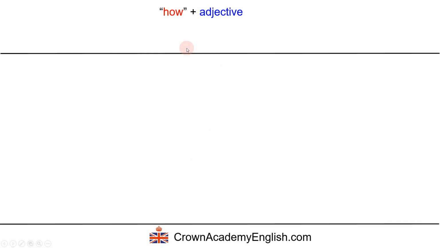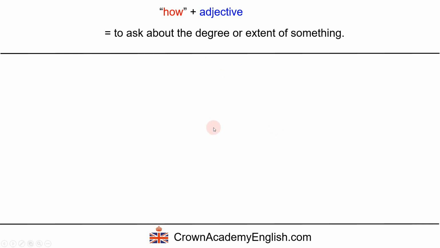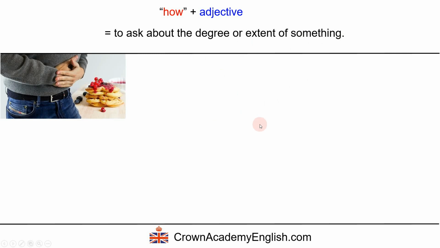We can also have how followed by an adjective. And here we are asking about the degree or extent of something. So the level of something. Let me give you an example question. How hungry are you? So here we are asking, what is your degree of hunger?